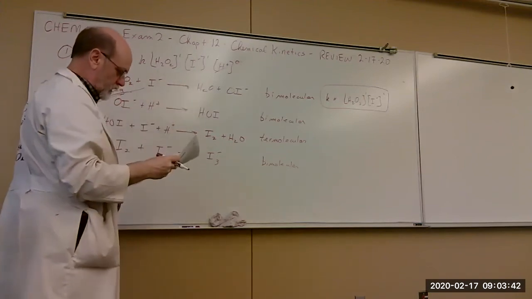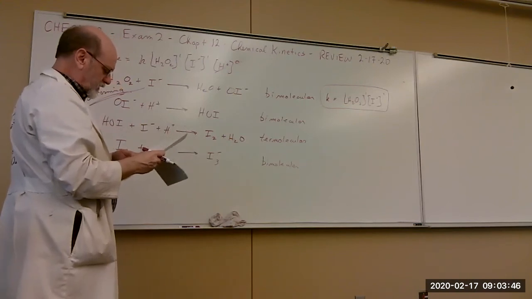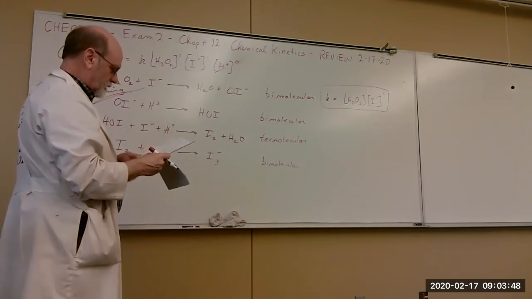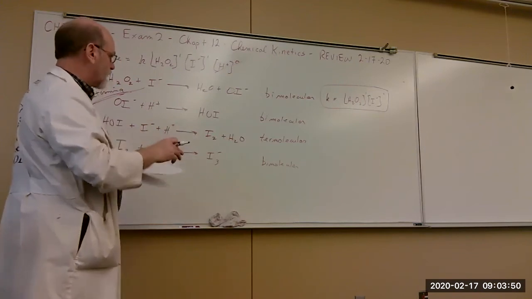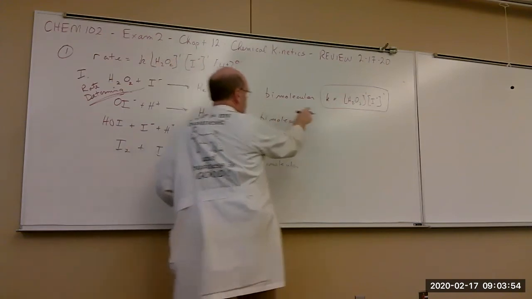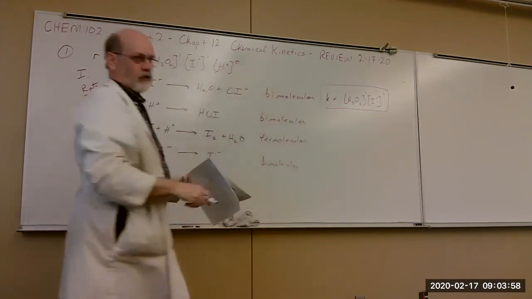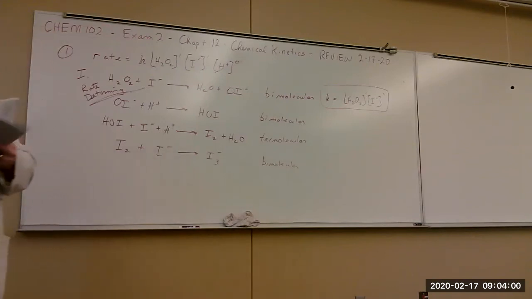I think that's the crux of number 1, is the mechanism 1 is preferred because the mechanism rate controlling step looks exactly like the overall reaction. Okay, that's the takeaway from this one.